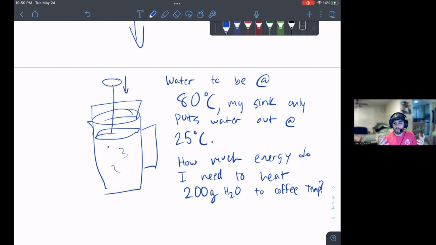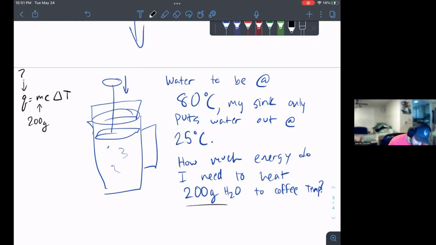So we're going to solve this by just filling in our equation, Q equals mc delta T. Now, the first thing I want to talk about is Q is our energy. So this is what we're looking for. M, we've just been given, it's 200 grams.